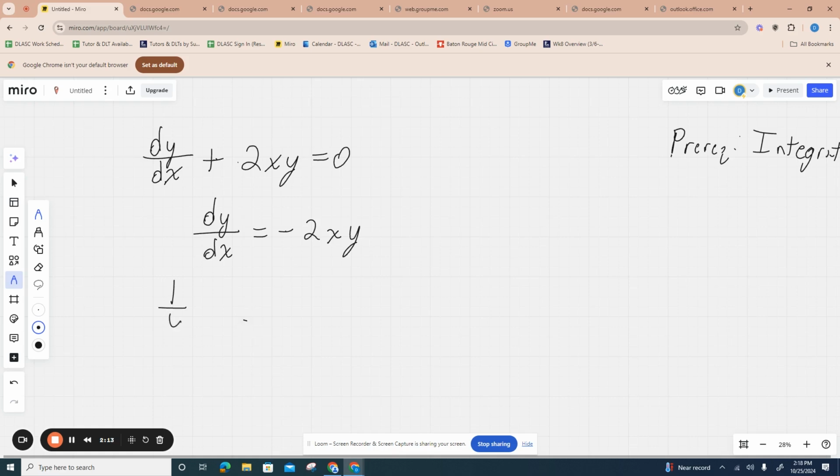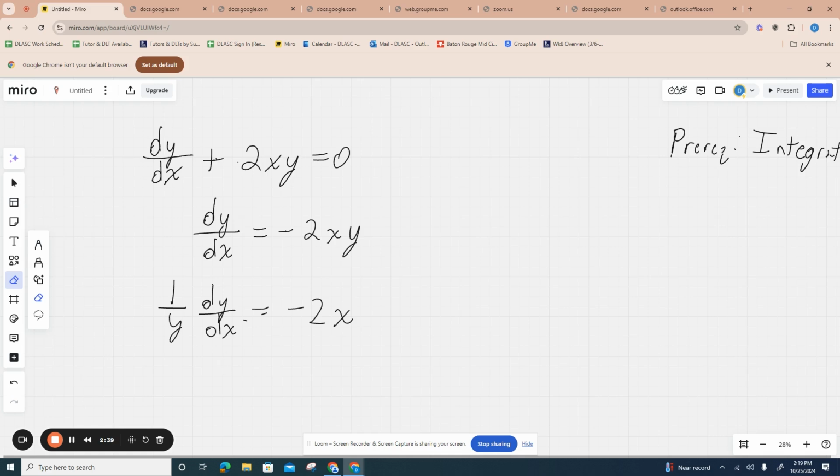So 1 over y dy/dx equals negative 2x. Now we want to isolate the dy and dx. This is kind of shorthand integration-wise, but we're going to multiply by dx on both sides.